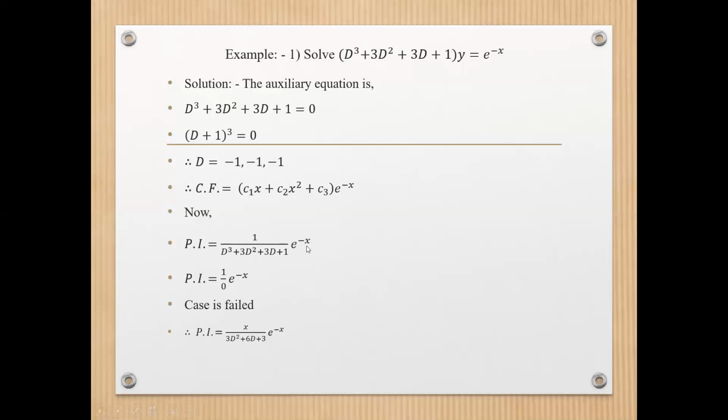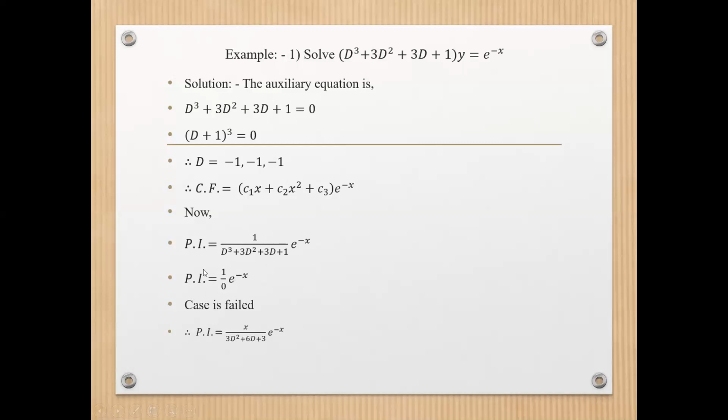We have seen type number 1: if the right hand side of the equation is of the form e raised to ax, we have to replace d by a. Here a is minus 1, since the coefficient of x is minus 1. Putting minus 1 in place of d, we get the denominator as 0. So PI is equal to 1 upon 0 into e raised to minus x. So the case fails.